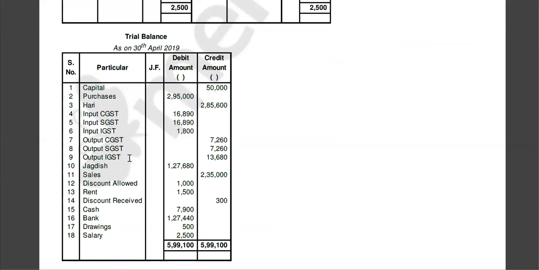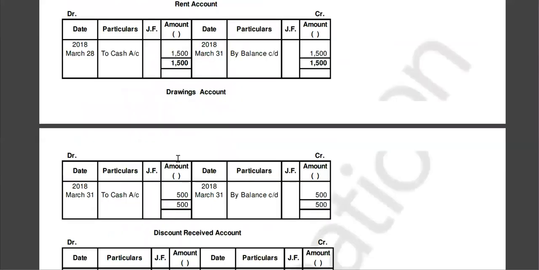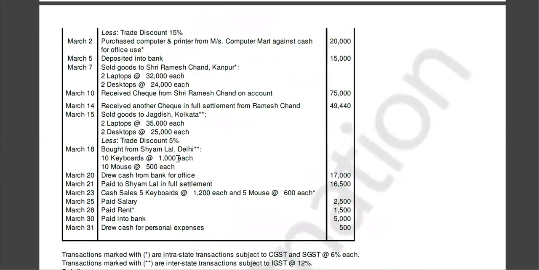Jagadish playing debit role. I'll show you Jagadish account, how Jagadish playing debit role. See the Jagadish. March 15, sold goods to Jagadish.